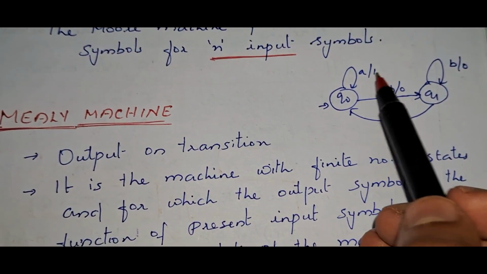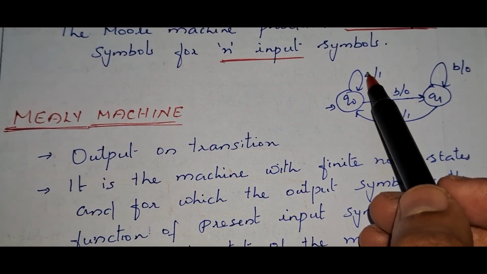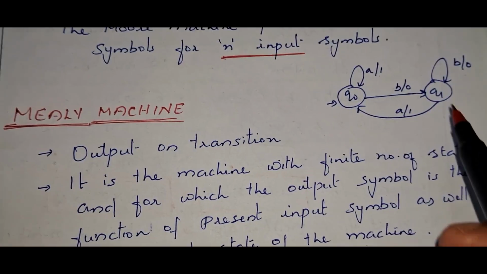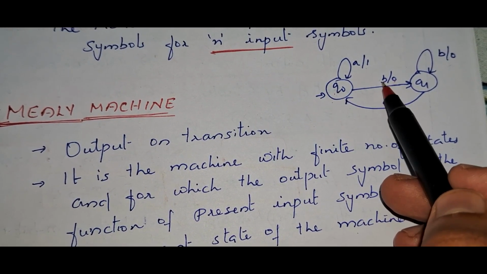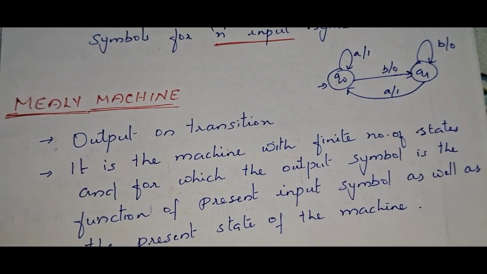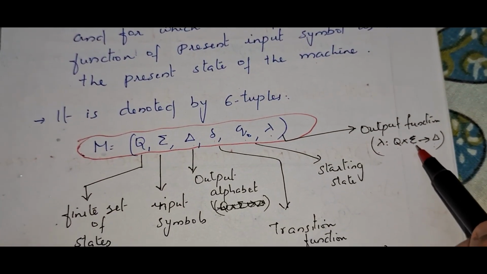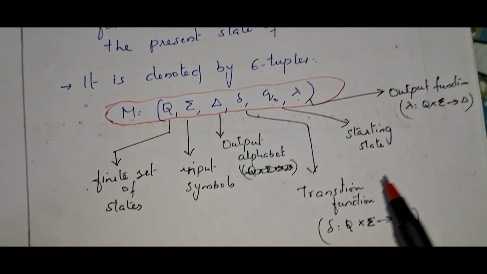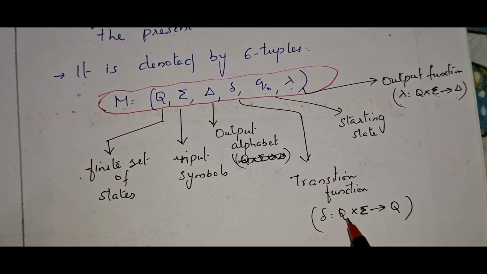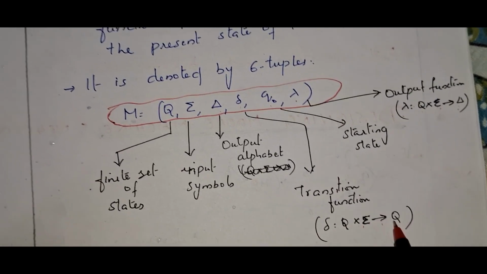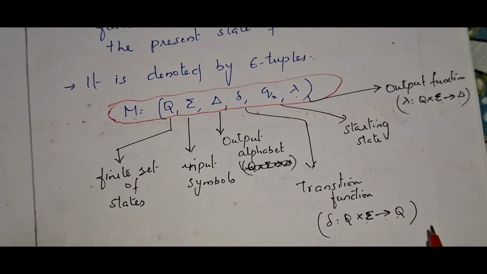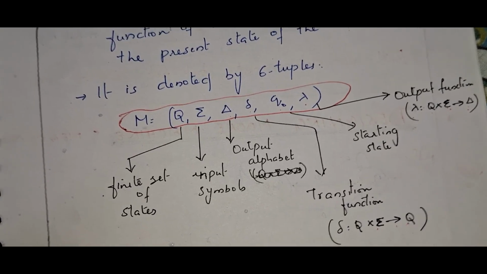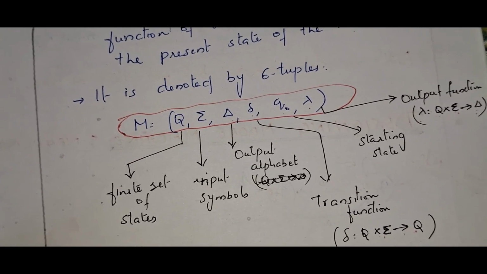Both machines are deterministic, so the transition function is Q cross sigma gives Q, like a DFA. We can't say they are DFAs, but both are deterministic machines.